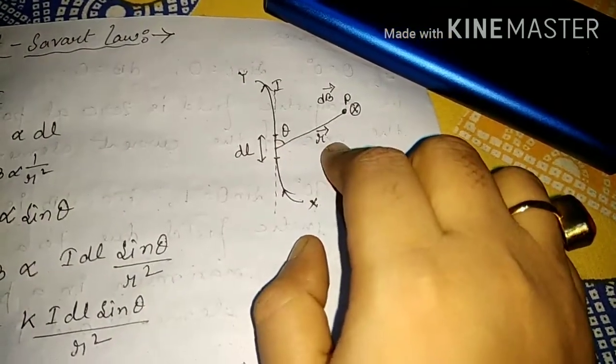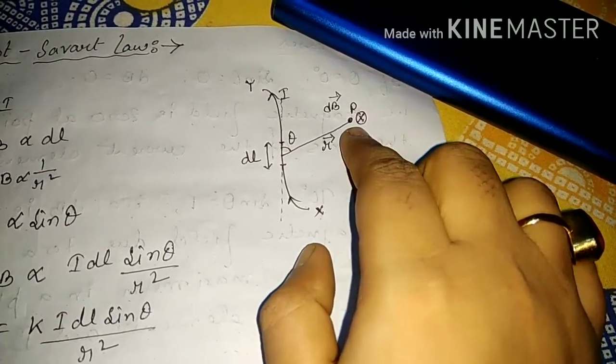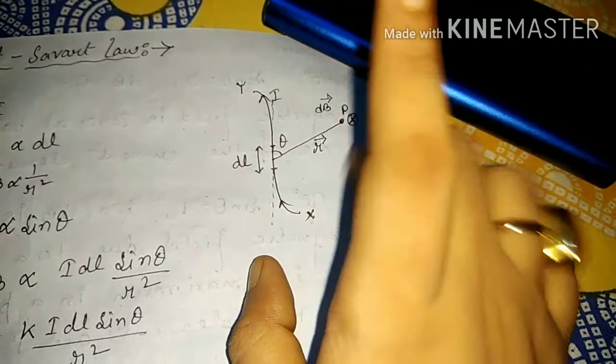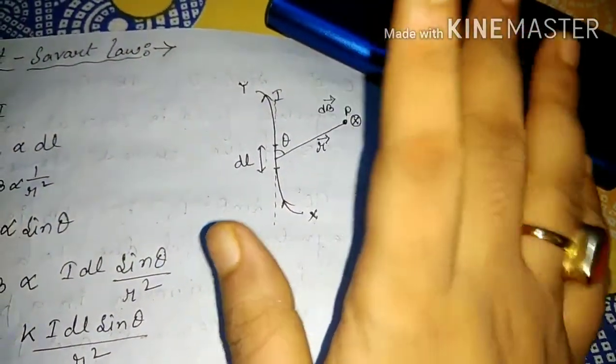We consider a small current element dl of this wire, and at a certain distance r from this current element, at a point P, we determine the magnetic field, because from Oersted's law we know that if there is current, we also get a magnetic field.